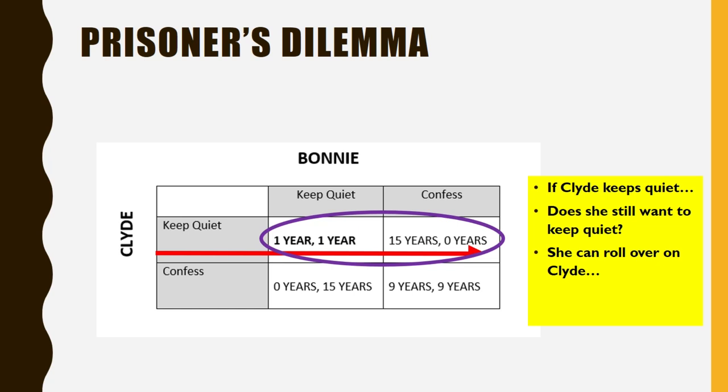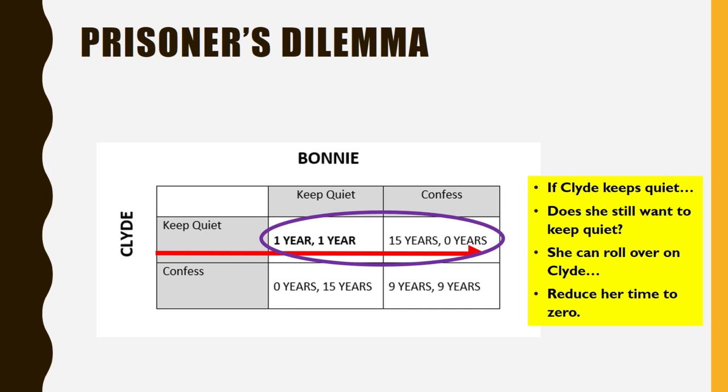Does everyone agree that she can roll over on Clyde by confessing, and then she can be a witness against Clyde, and her time actually gets reduced to 0? So if Bonnie's not super in love with Clyde, or she's not a very trustworthy person, or if she cares about her own well-being more than she cares about Clyde, then she's not going to keep quiet.